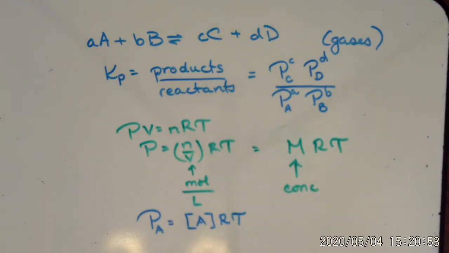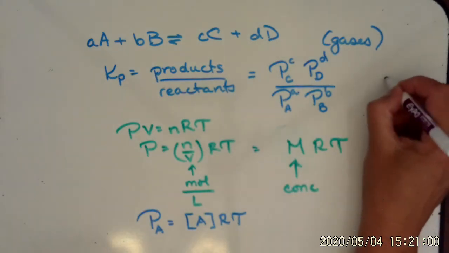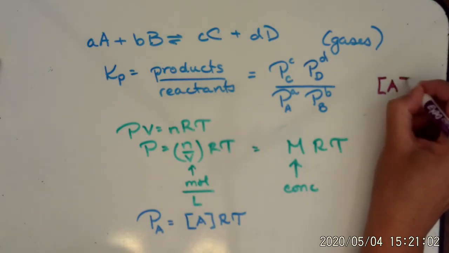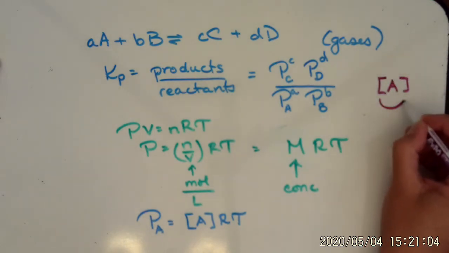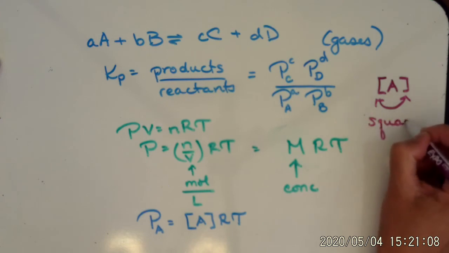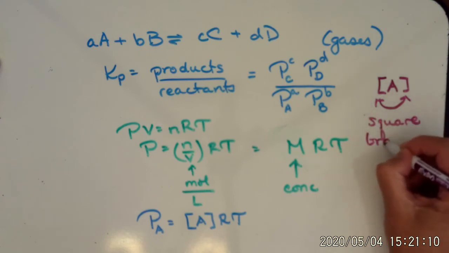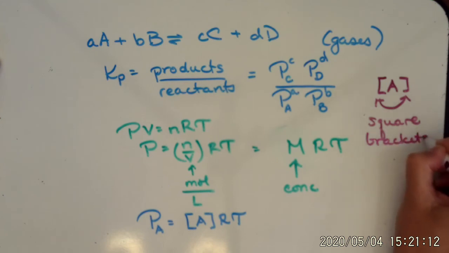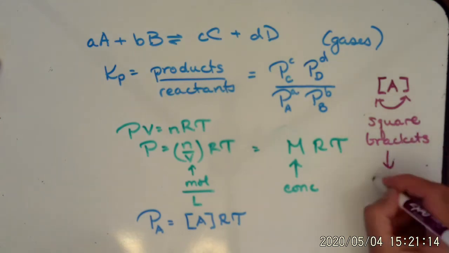And I'm not sure I mentioned this previously, but I better make sure that you understand. When I use square brackets, the square brackets mean concentration of.